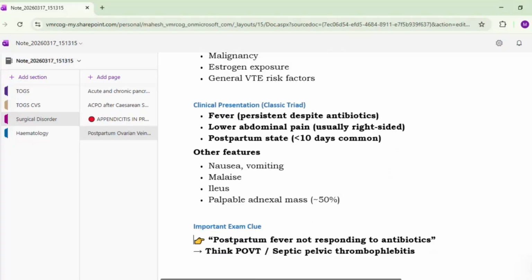Clinically, you will have fever. It will be persistent despite antibiotics, a very typical presentation, with lower abdominal pain, usually right-sided, in a postpartum state presenting in less than 10 days. So the patient is less than 10 days postpartum with fever not responding to antibiotics and right-sided abdominal pain.